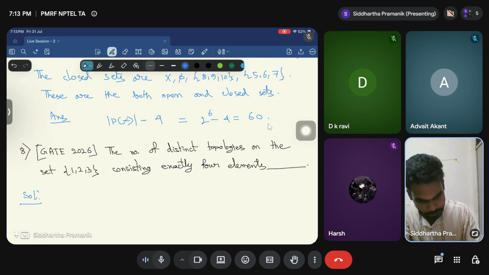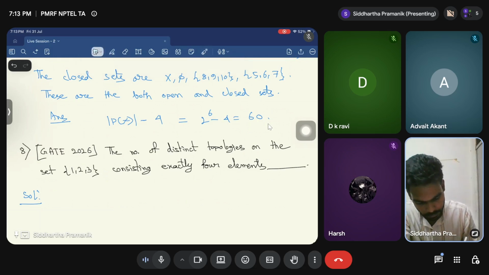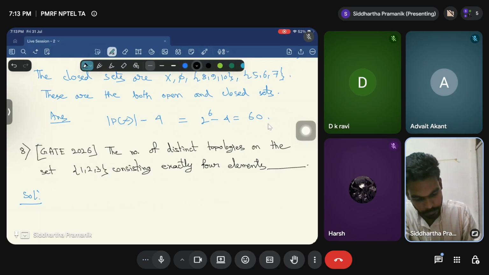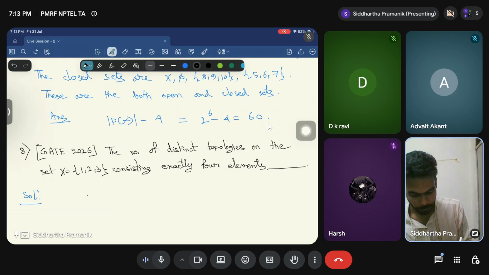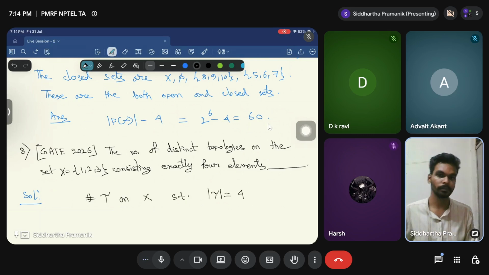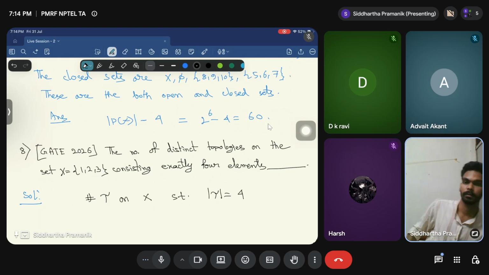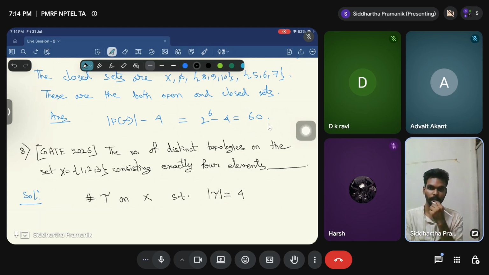So maybe let's call this set X. So we need to find the number of topologies tau on X such that cardinality of tau is 4. So is there any idea how to do it?